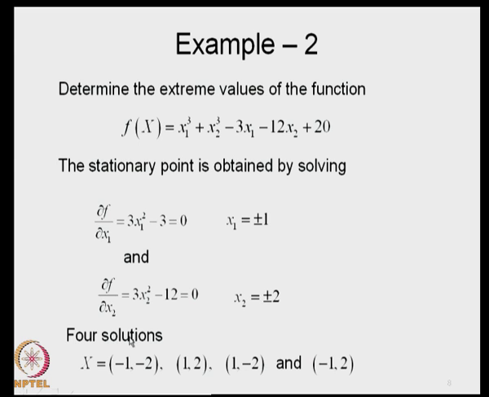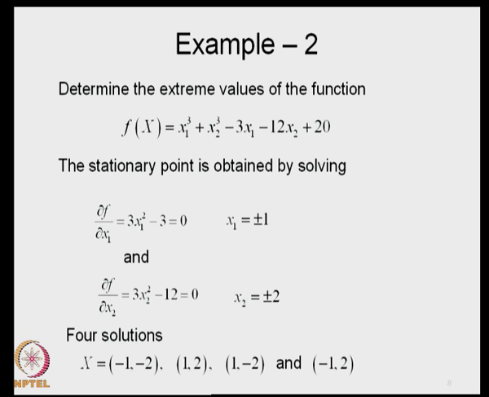So, these are the stationary points, and at each of these stationary points, you have to examine whether the point corresponds to a maximum or a minimum or neither of them.